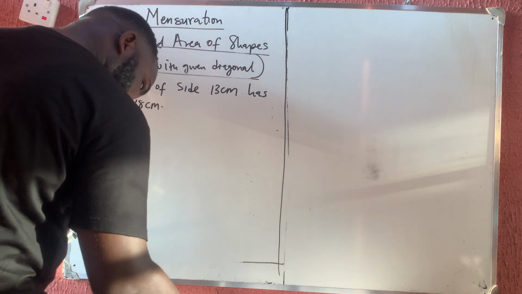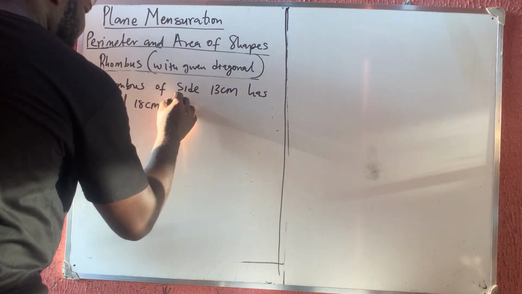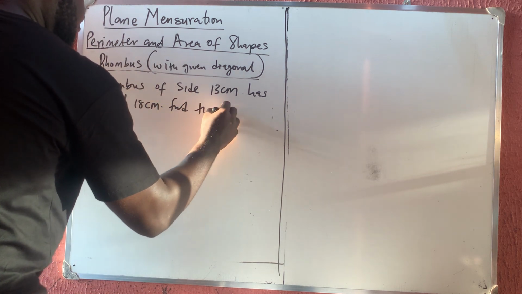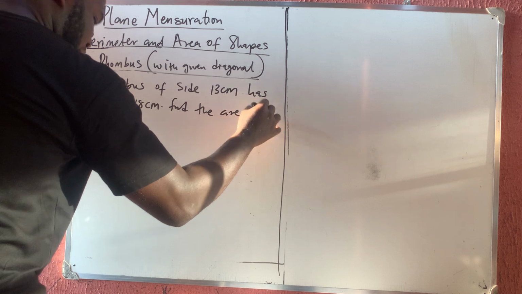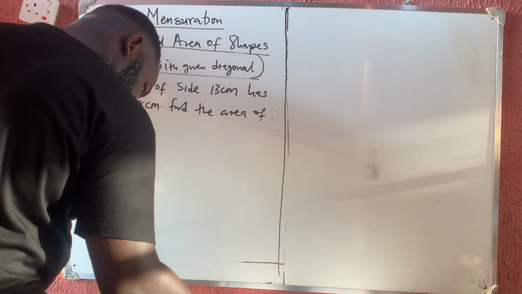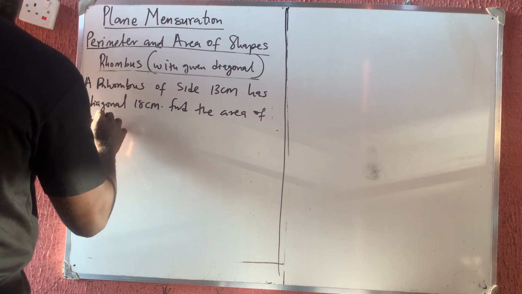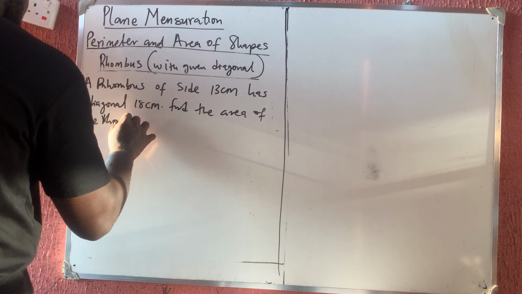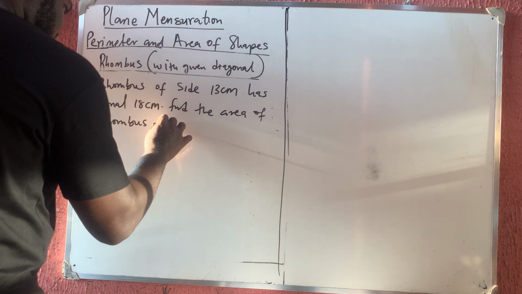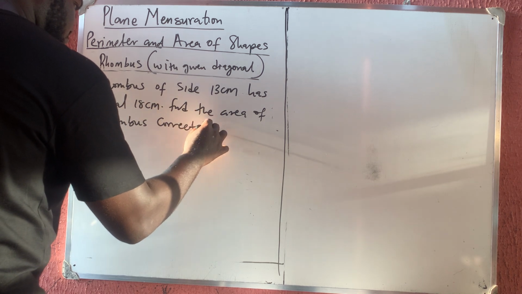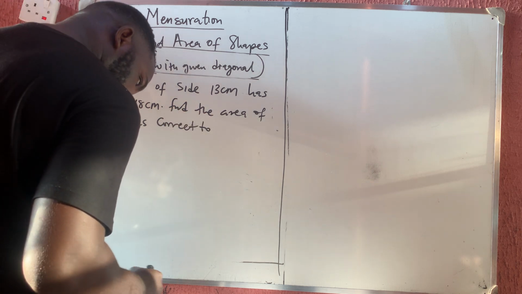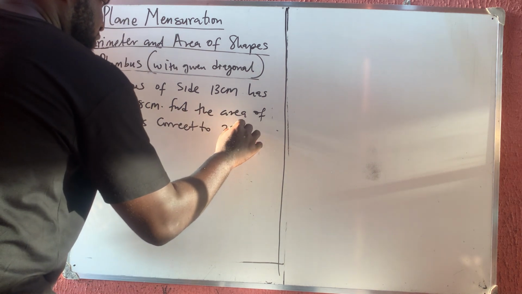Find the area of the rhombus. Correct to how many decimal places? Correct to 2 decimal places.